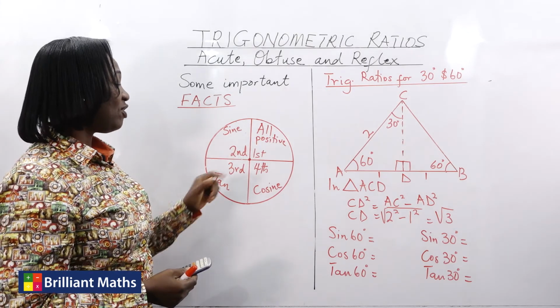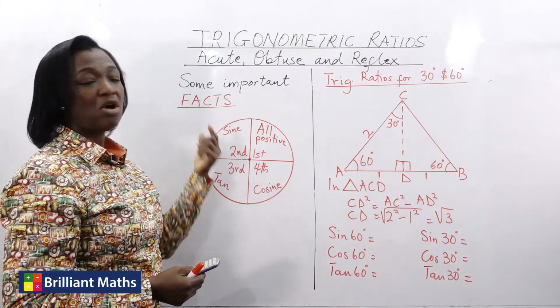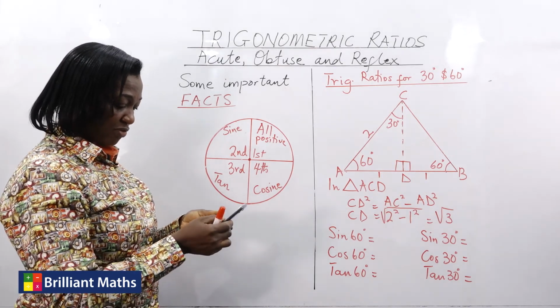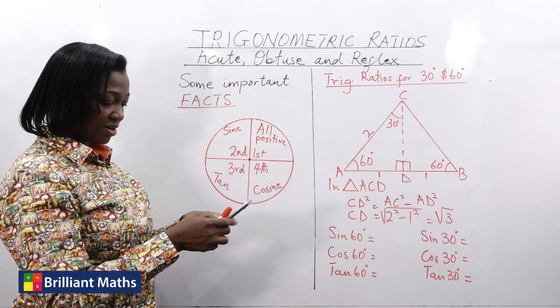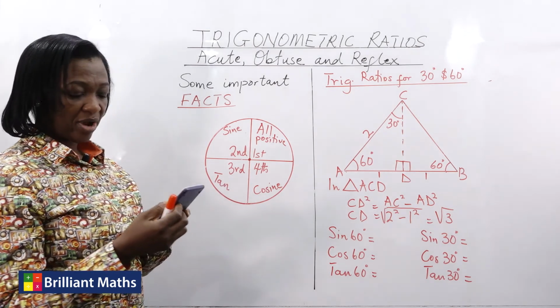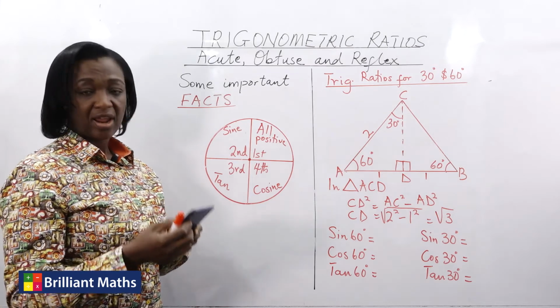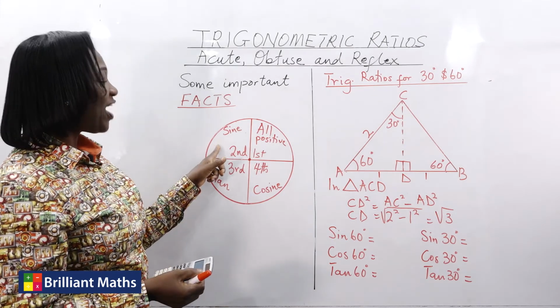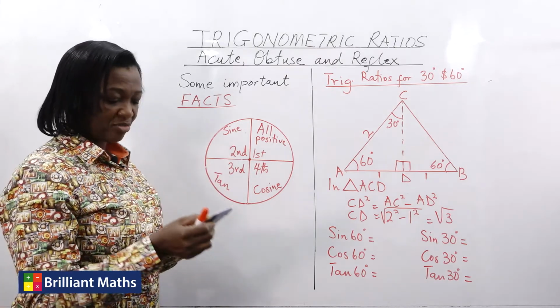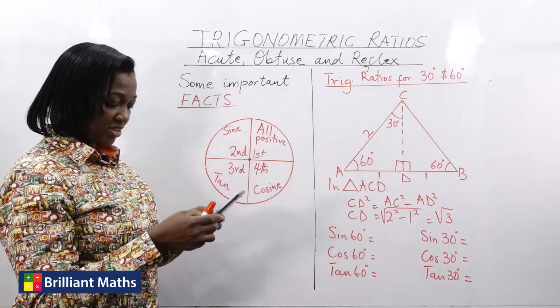Find the sine of, let's say, angle 100 degrees. So in your calculator, you're finding sine of 100, and that is 0.98. Then find the cosine of 100 degrees. What do you notice?